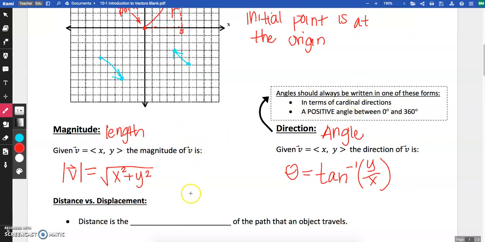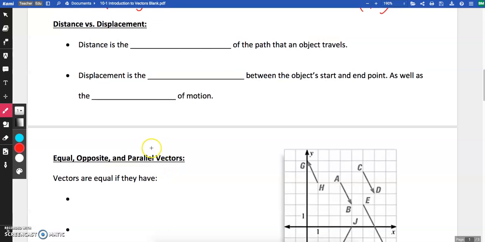Okay. A couple other things, vocab. So we also have distance and displacement. So distance is a term we're more familiar with, and that would be the total length of the path that an object travels, right? So like you're driving somewhere and you want to know the distance, it's the total miles you're going to travel to get there.